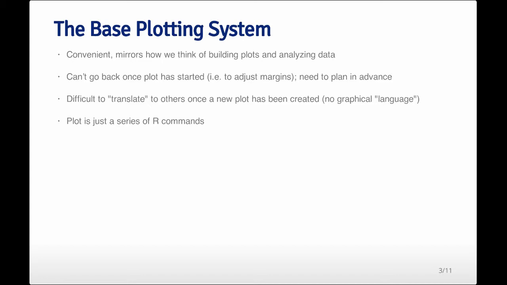Every plot is just a bunch of R code, basically. So that's a bit of a drawback sometimes. Another drawback with the base plotting system is that because you have so much control over the system, you therefore have to control everything, and set everything very carefully if you don't like the default values.